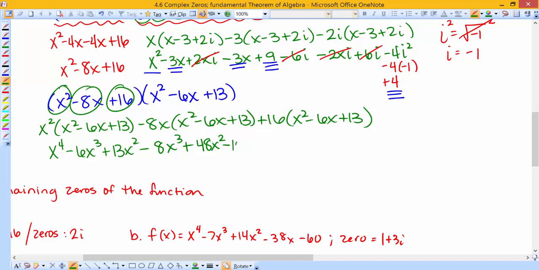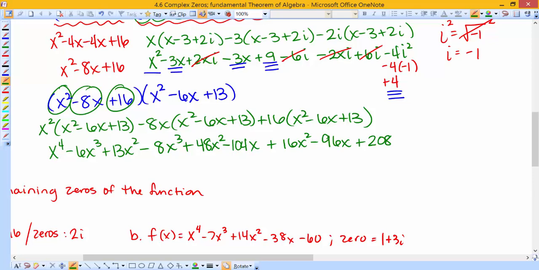So minus 104x. Now I'm going to distribute the 16. 16 times 6, 96. Plus 16 times 13, 208. All right. Now we have a lot of terms that we need to combine.